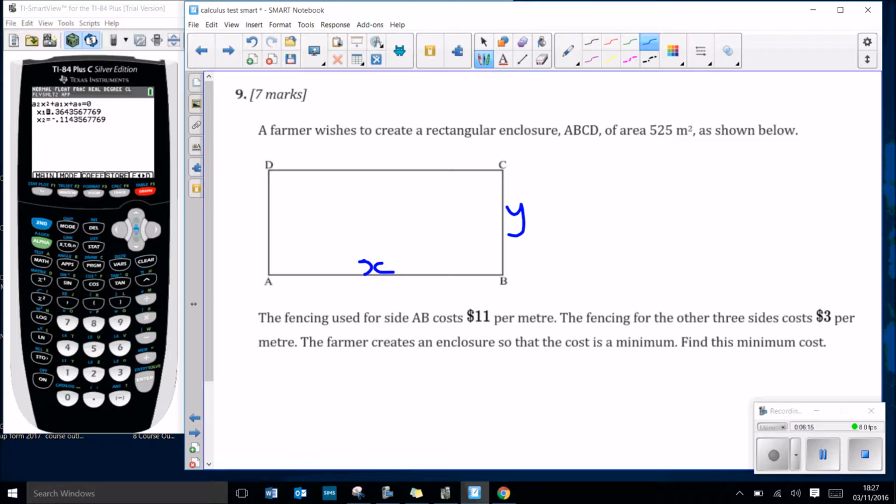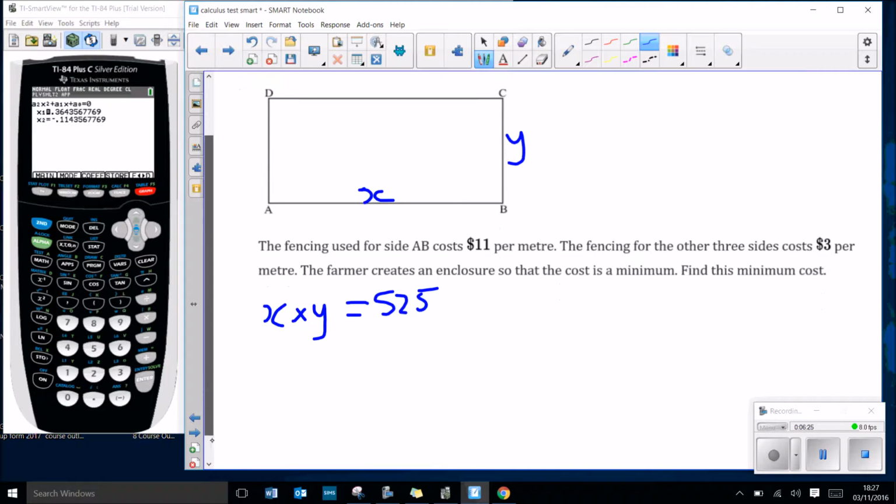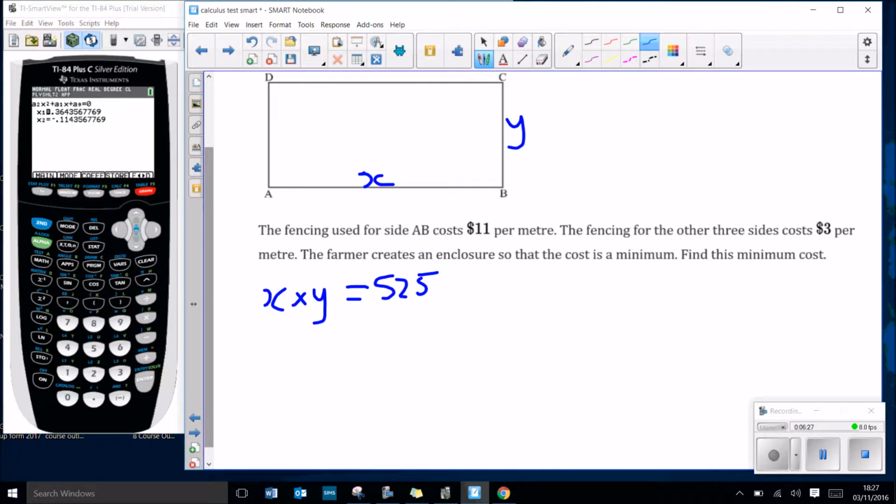We're told that x times y, in other words the area of the rectangle, is 525. From this information, we can actually find an expression for y in terms of x. So this length here is 525 over x, and this one is x.